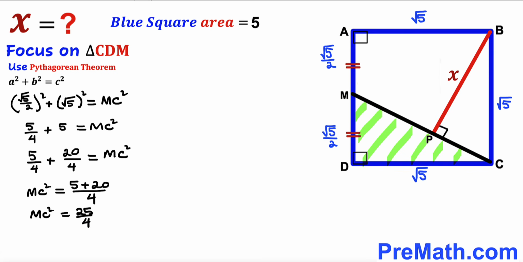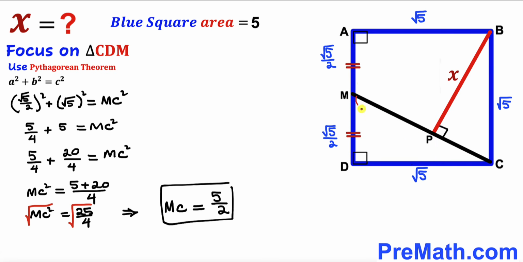Now I'm going to undo this square by taking the square root on both sides. Our side MC length turns out to be 5 divided by 2 units.